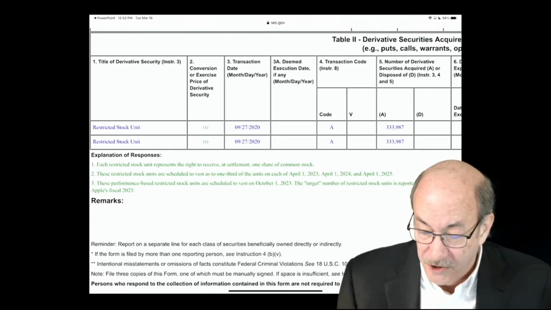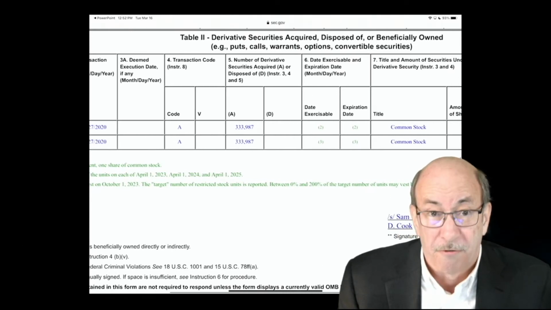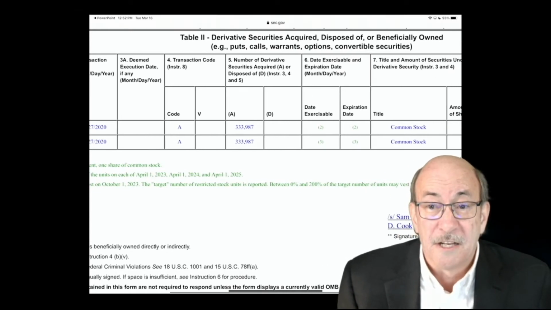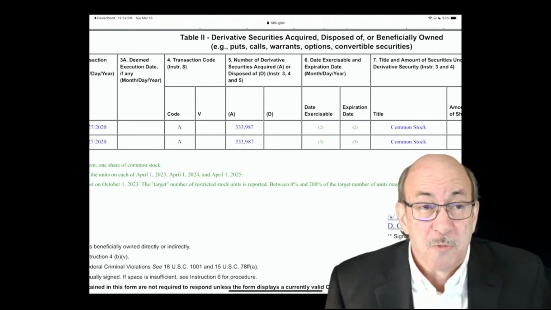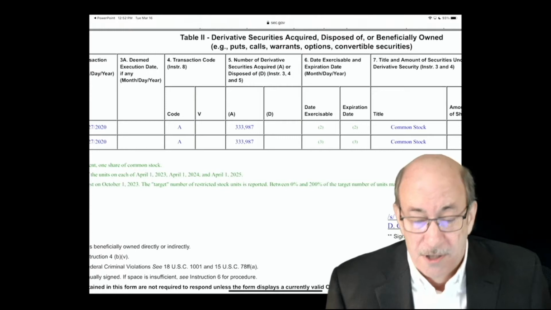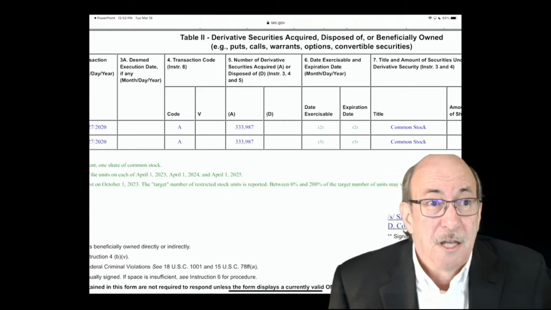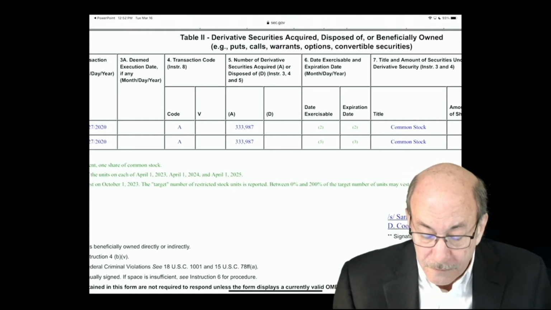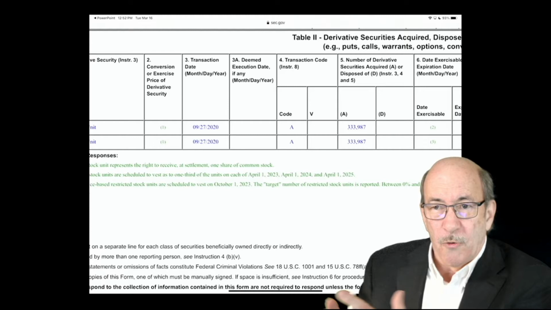So that's why you actually see a second entry here for an additional 333,987. That's that extra. If the company's stock performs really well, he'll get double the amount that he was just granted. If it doesn't perform anywhere near as well, he'll get nothing or something in between. So he'll get however the company performed, he'll get 1/3 of that.